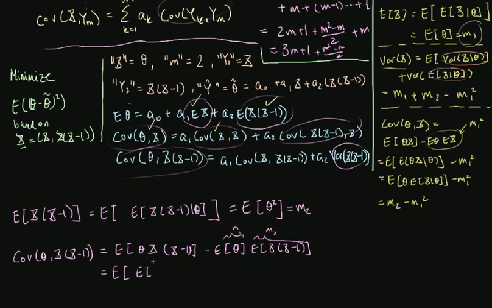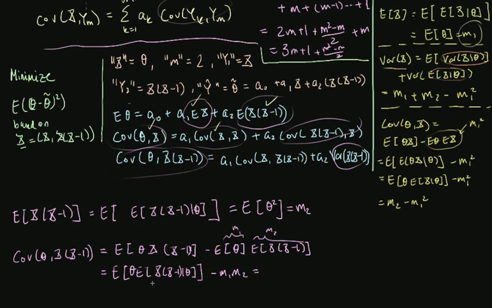The first term here, I can tackle that by using a double expectation trick again, where I can see that if I condition on theta inside, then I am allowed to take out what is known, so I'm allowed to take theta outside. And what is left inside is just the mean of x multiplied by x minus 1 given theta.